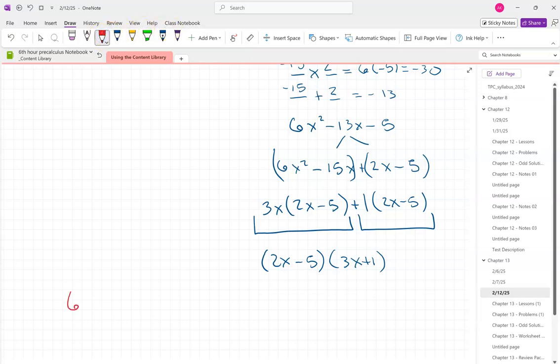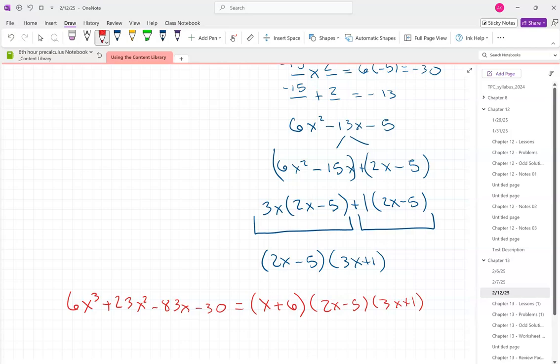So if I go back here to the beginning, I can now write a complete factorization for my polynomial, right: x plus 6, and now I can say 2x minus 5 times 3x plus 1.